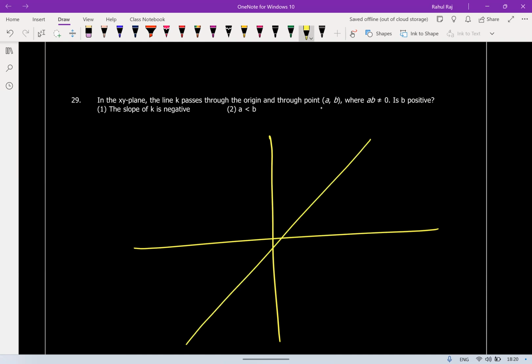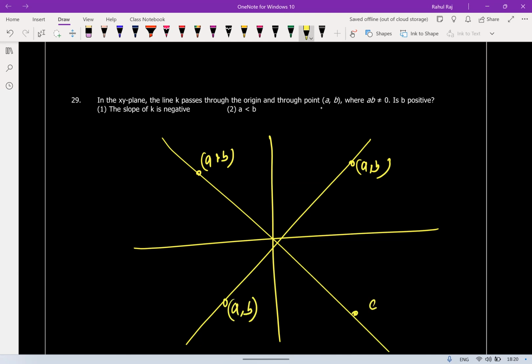Line K could be this, line K could be this. All these lines are passing through the origin, and through point (A, B). Point (A, B) could be this, this, this, or this. From the question, this is what I get to understand.